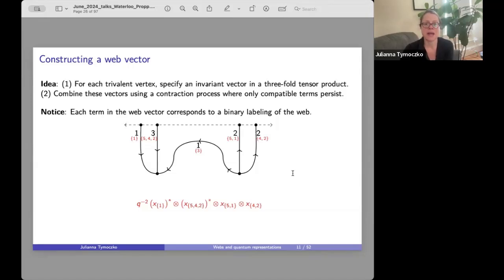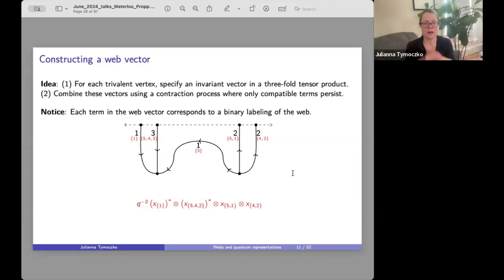And then we get two things from this. One, we're going to get an overall invariant vector by doing this. But two, we can see that that web vector is going to decompose into specific terms. These terms come from a statement about which basis vectors in the wedge product are associated to each of the edges.